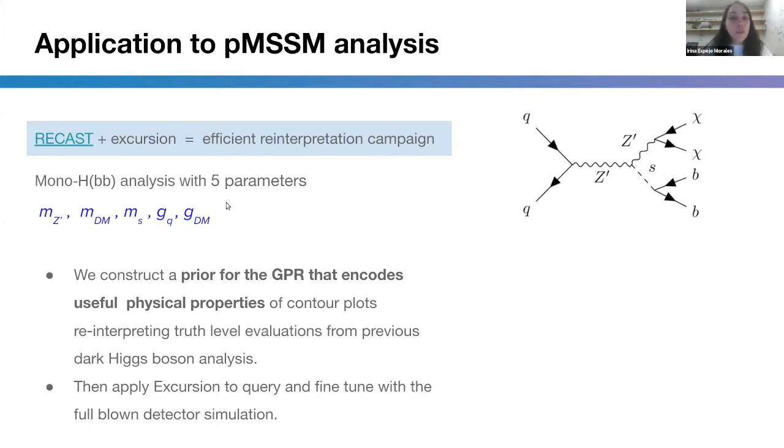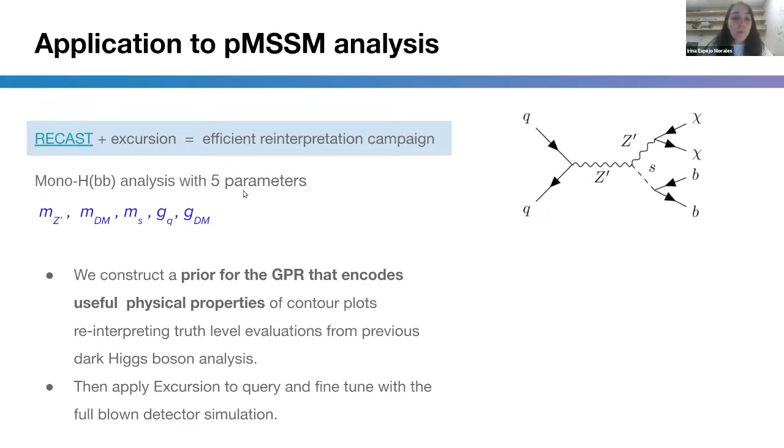And the way we are going to do this is that, first of all, we are going to construct a prior. And this is related to one of the drawbacks of Gaussian processes. The better the prior that we have, the faster the convergence will be for the posterior of the Gaussian process. So first we construct a prior using RECAST.